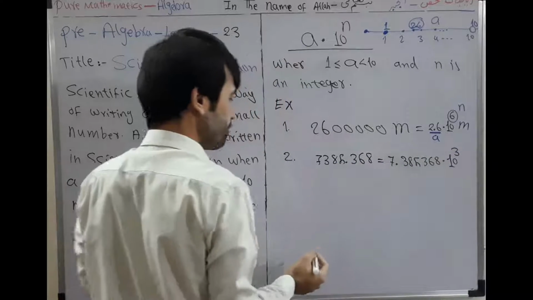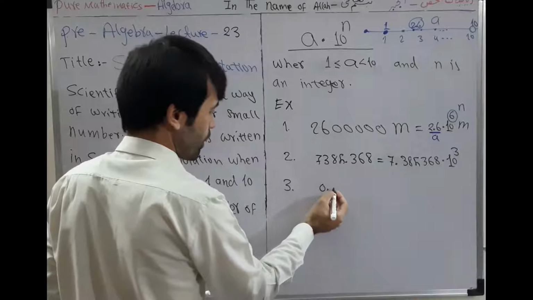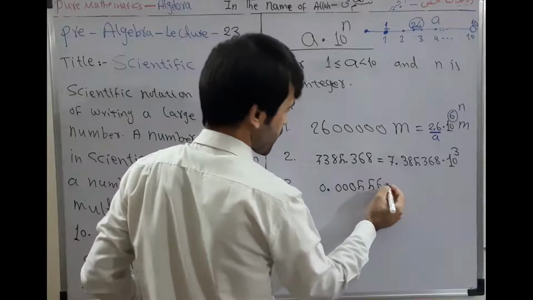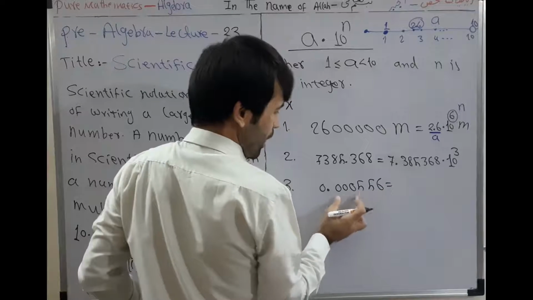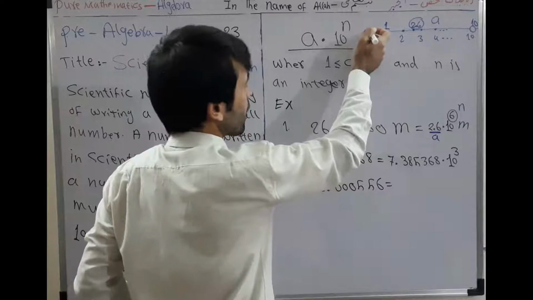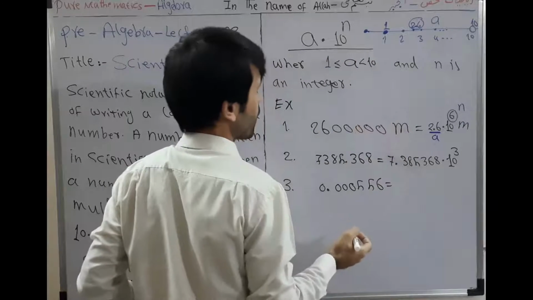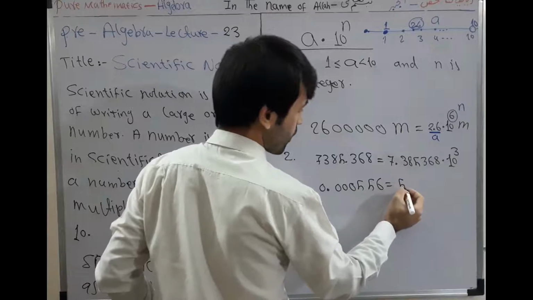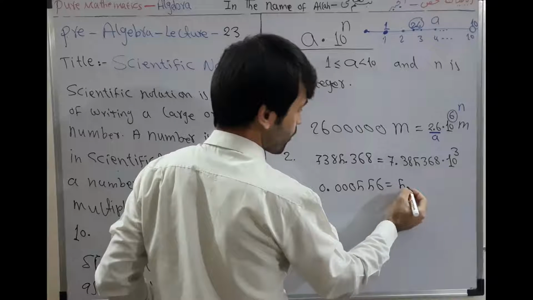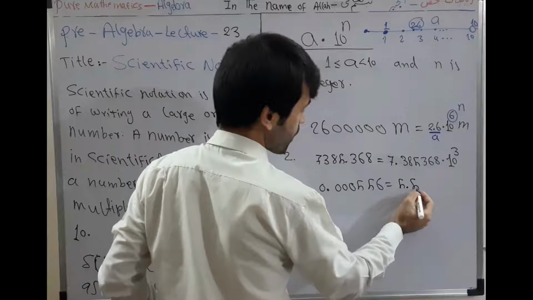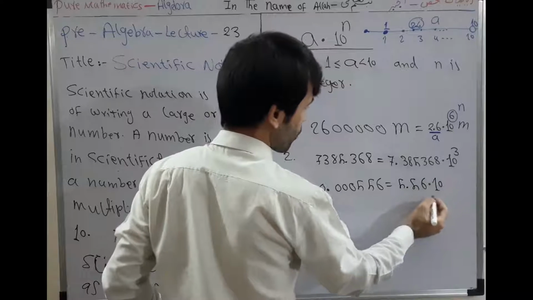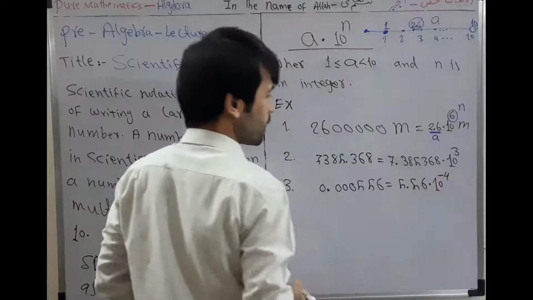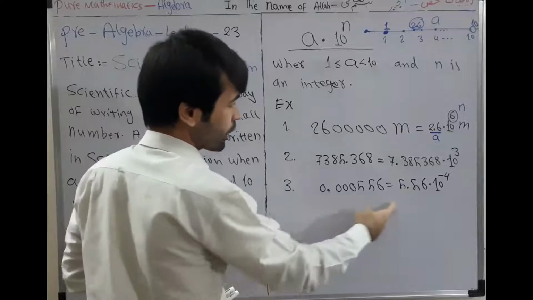So 10 to the power 3. Number 3: 0.00556. Now it is less than 1. The decimal point will come in front of 5. It is equal to 5.56 multiplied by 10 to the power 1, 2, 3, 4, minus 4. It is the solution of this question.